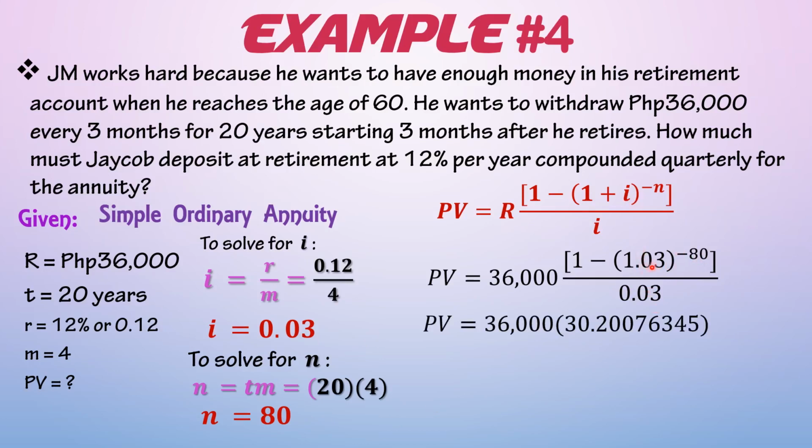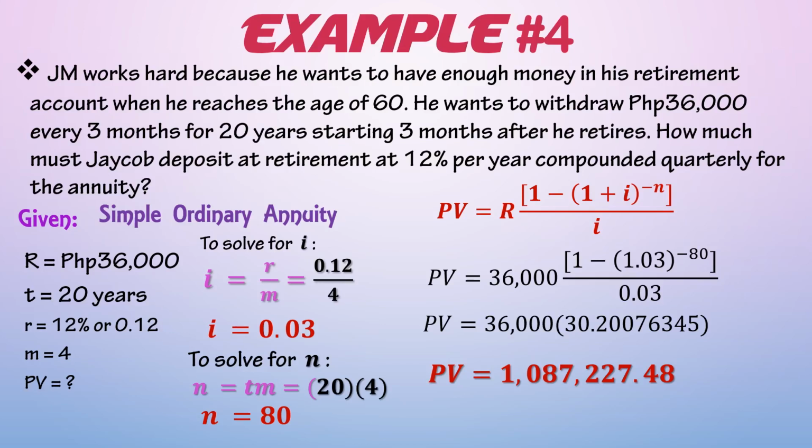We subtract 1.03 raised to the negative 80 from 1, and then we divide it by 0.03. This will be the answer. And then we multiply it by 36,000. So he needs 1,087,227.48 for the payment. Okay, so that will be the present value.